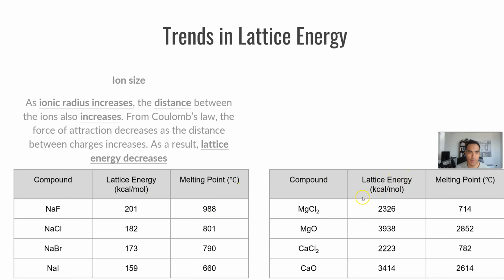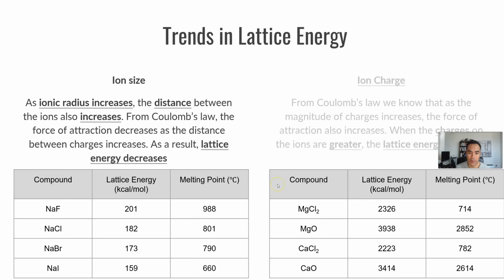If we notice carefully, as the ion radius increases, meaning the size of the atom increases, the distance increases, which means according to Coulomb's law that is going to reduce the attraction, and as a result the lattice energy decreases. For example, sodium fluoride has a melting point of 988 and a lattice energy of 209. Generally, the higher the lattice energy, the higher the melting point you're going to have.